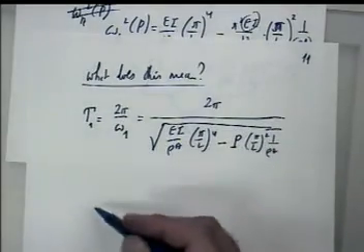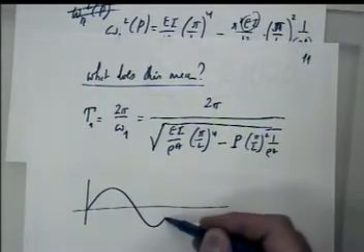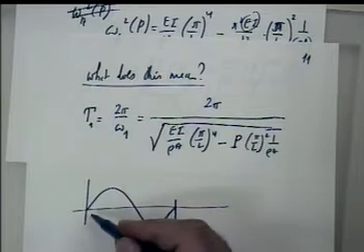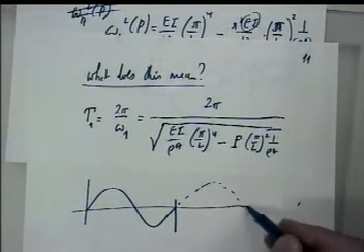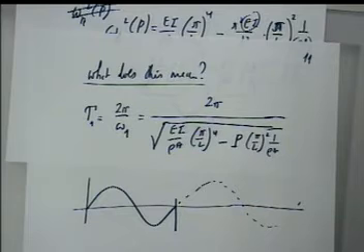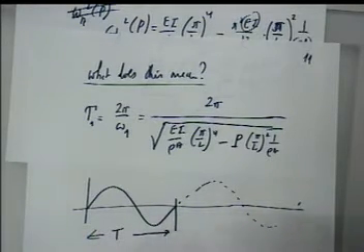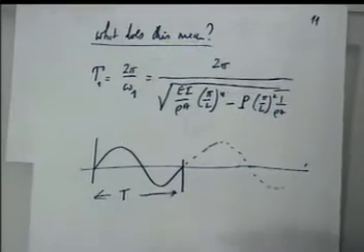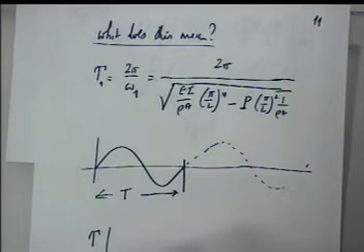Now what is a period? Period is something like this. That is a period, time, in which pattern is repeating itself. Minimum amount of time in which pattern repeats itself. So that is this T. Now, what happens when P increases?